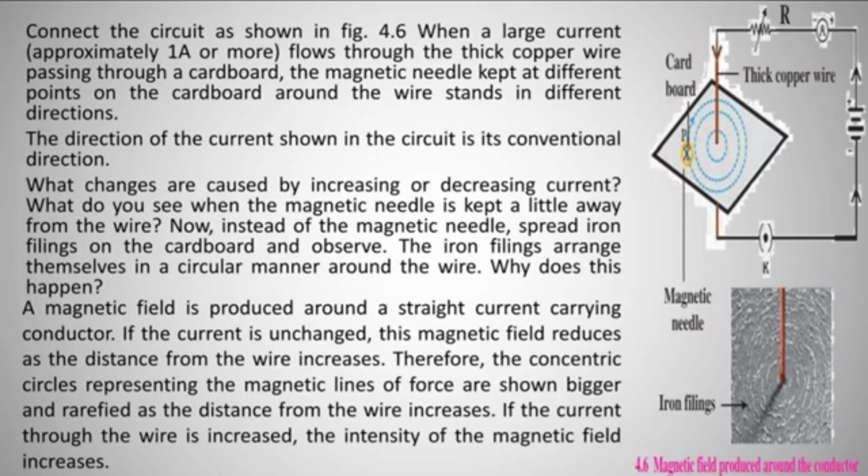Therefore, the concentric circles representing the magnetic lines of force are shown bigger and rarefied as the distance from the wire increases. If the current through the wire is increased, the intensity of the magnetic field also increases, causing the iron filings to arrange themselves in a circular manner around the wire.